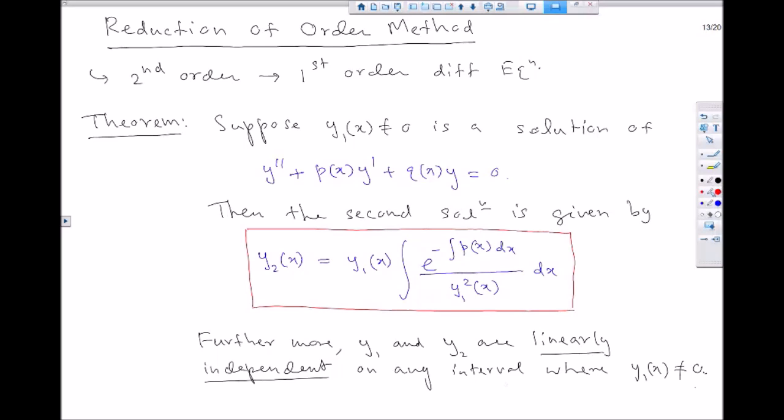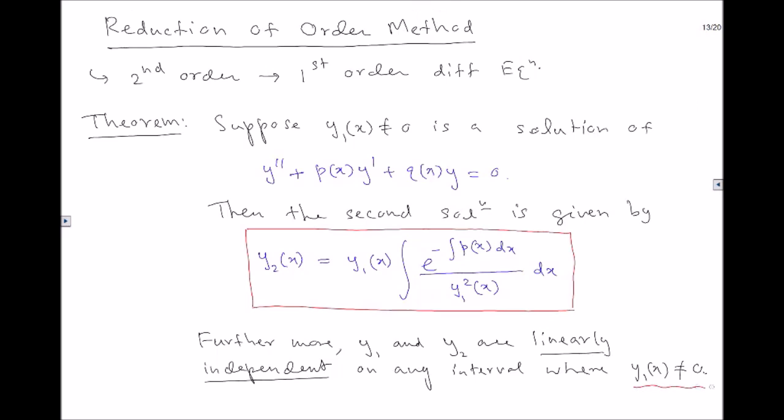So if y1 is not equal to 0, then those two solutions are automatically linearly independent. So this is what we call the reduction of order formula. Now we're going to prove this result.